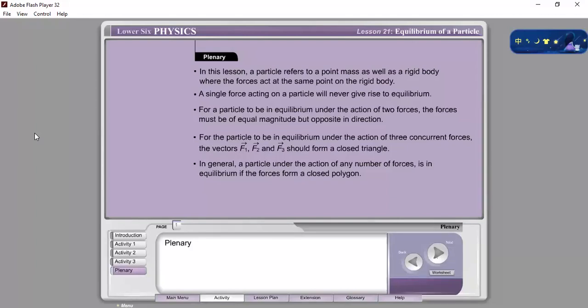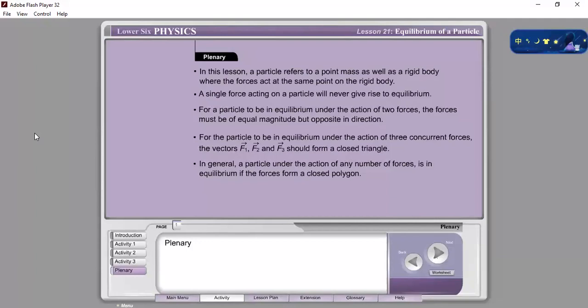For the particle to be in equilibrium under the action of three concurrent forces, the vectors F1, F2, and F3 should form a closed triangle.